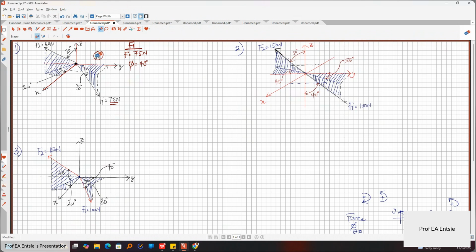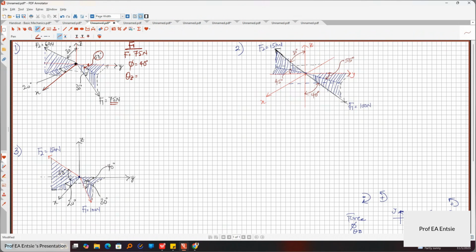And by the way, this 50 here is the one I explained. Now, if you know here to be 50, then from x to the base is 40, and we read it anti-clockwise, so it's positive. Is that all? No, we want the theta z for F1. That is the angle between the z-axis and the force F1. There is another interesting thing.